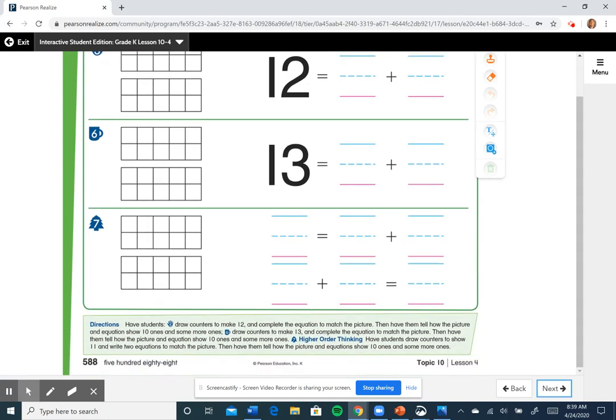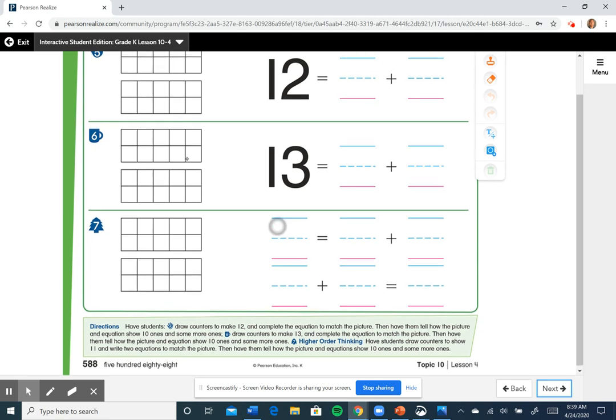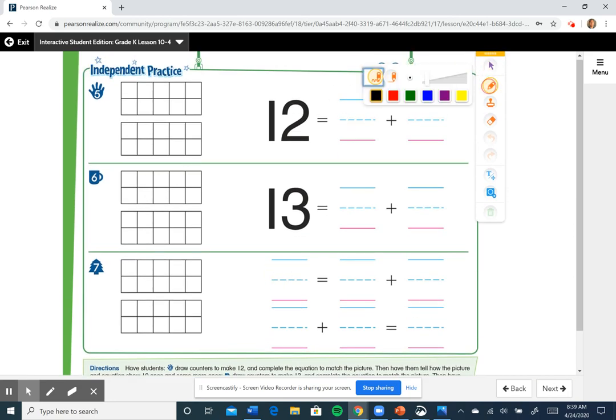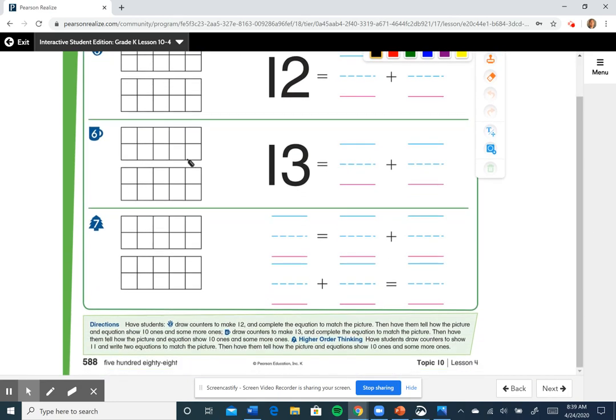All right? And then number 7, you have to draw counters to show 11. And then you need to match the picture or match the equation. So I'll write it in here so you remember what number it is. 11. Remember, it's 10 and then some ones.